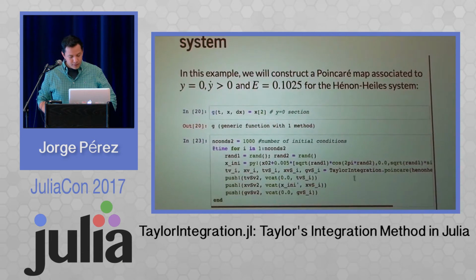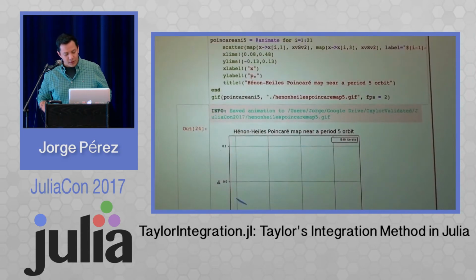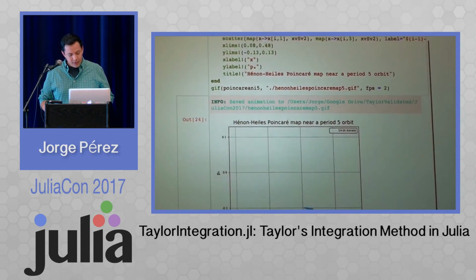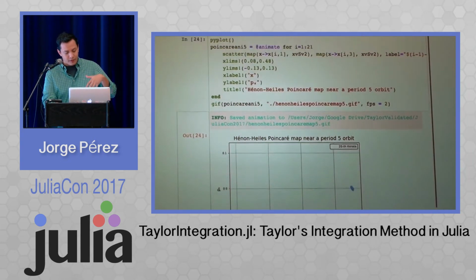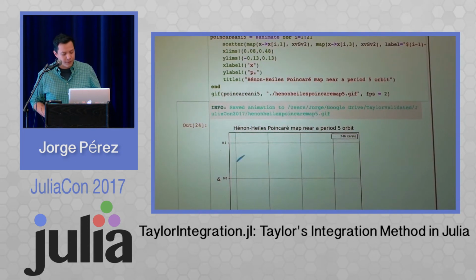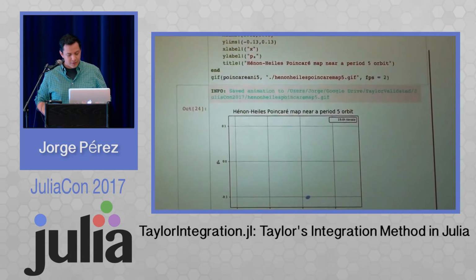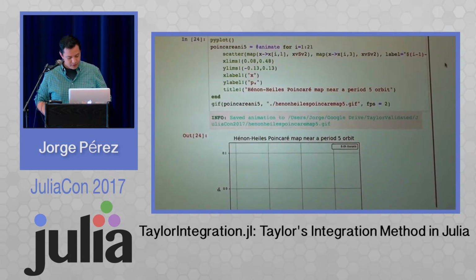So here I take several trials around a specific orbit of the Hénon-Heiles system, and we integrated, and then we can see that an initial bubble over the Poincaré surface of section returns again, and the iterates of the initial set of conditions evolve over the Poincaré surface of section, and we can do this at once.